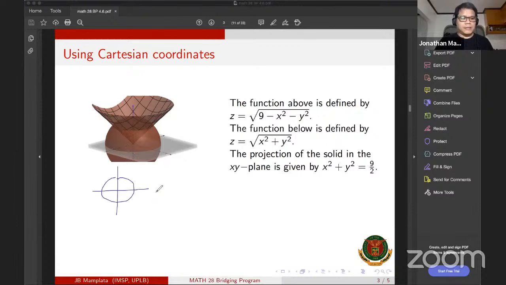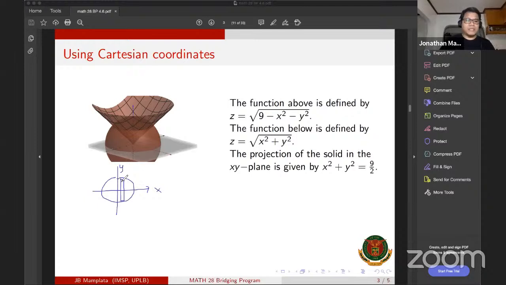So let's say this is our x-axis. This is our y-axis. Tapos, take note, the equation of this circle is given by x squared plus y squared equals 9 over 2. And ang gawin natin ay kunin natin yung vertical strip. Now, we have a vertical strip. So we will actually determine the area of this region.